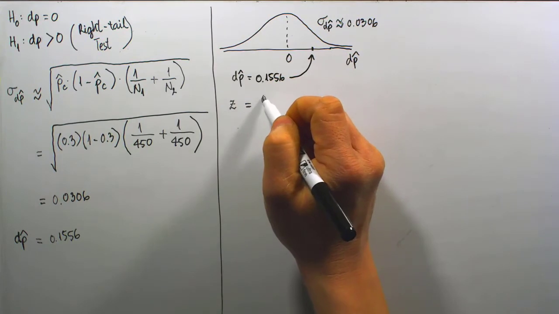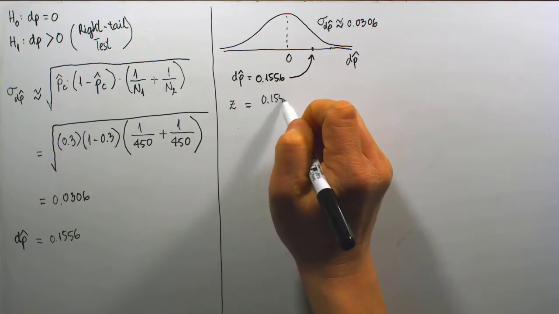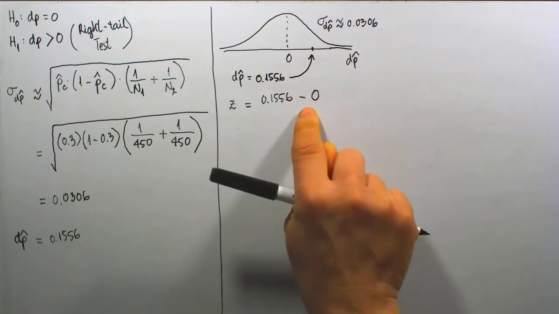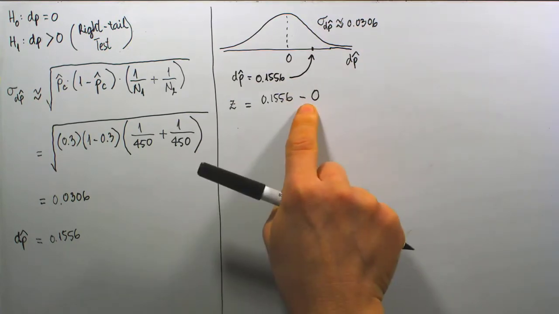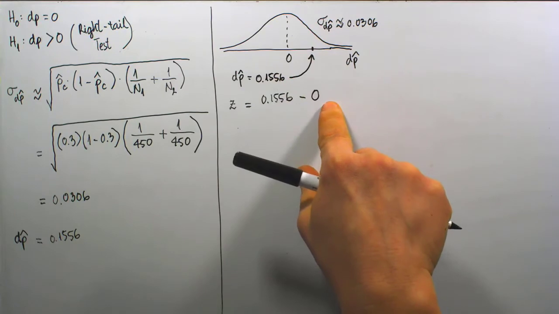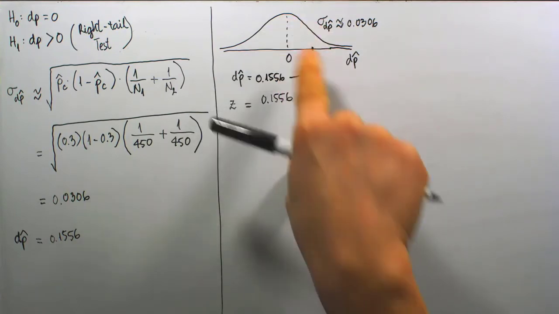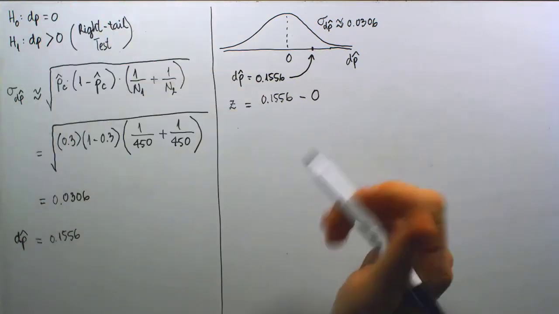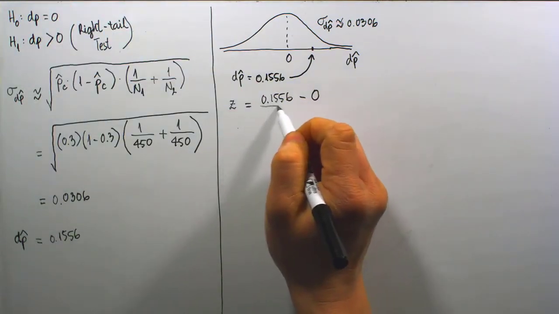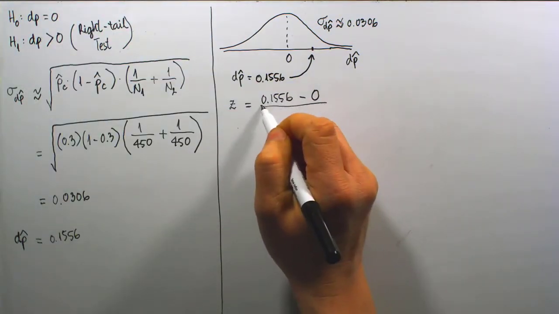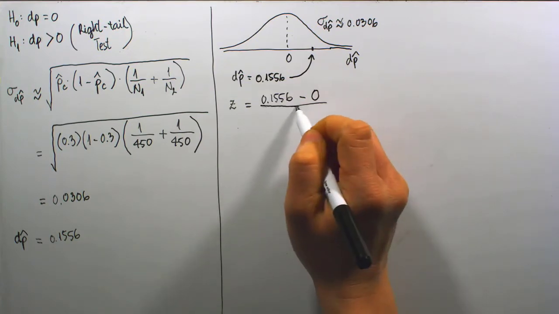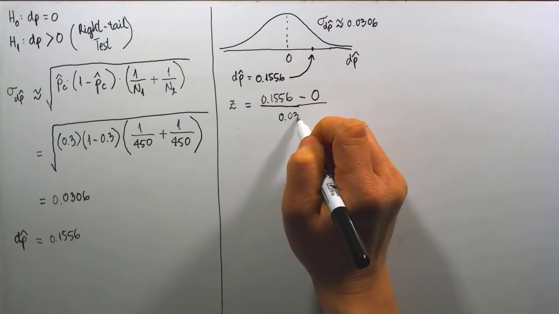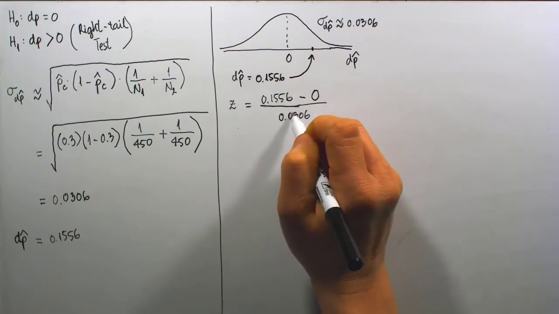So 0.1556 minus 0. That's the difference between the value and the bell curve center. This value 0 right here came from the bell curve center, the value that's stated in our null hypothesis. The difference there is now divided by the average spread on this bell curve. So 0.0306 is placed in the denominator.